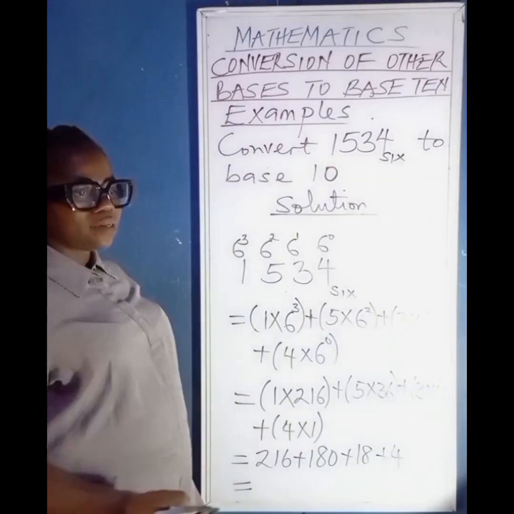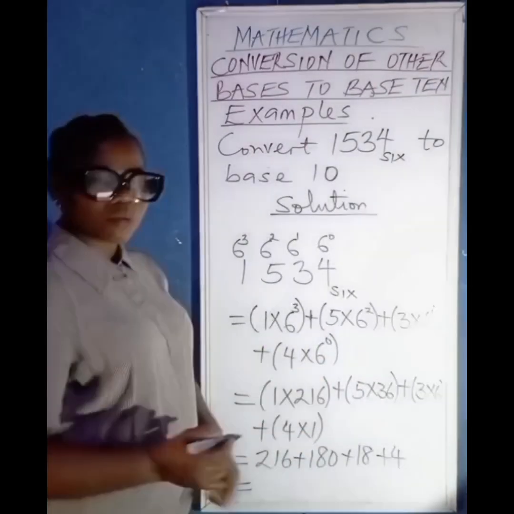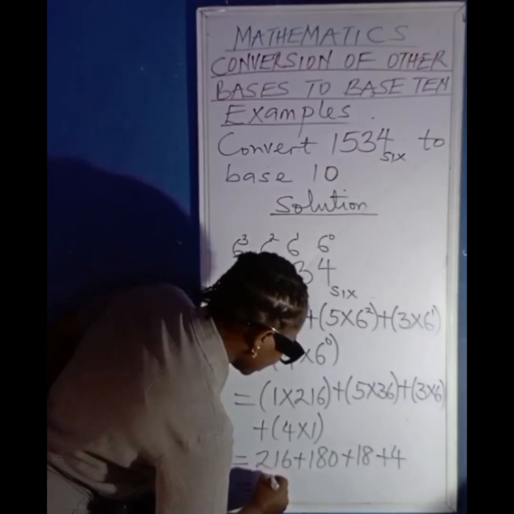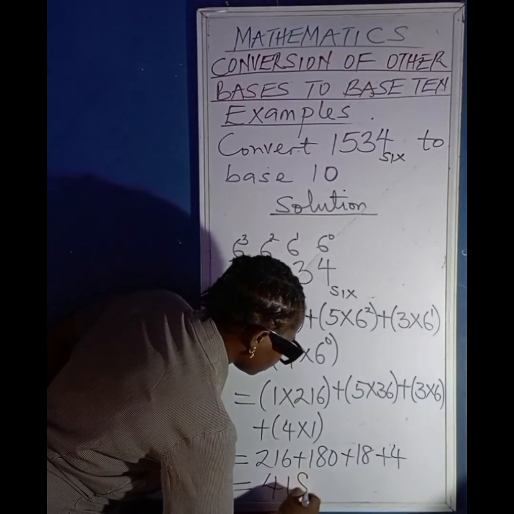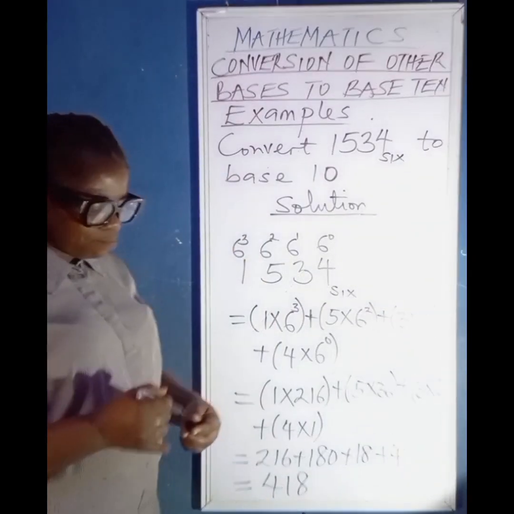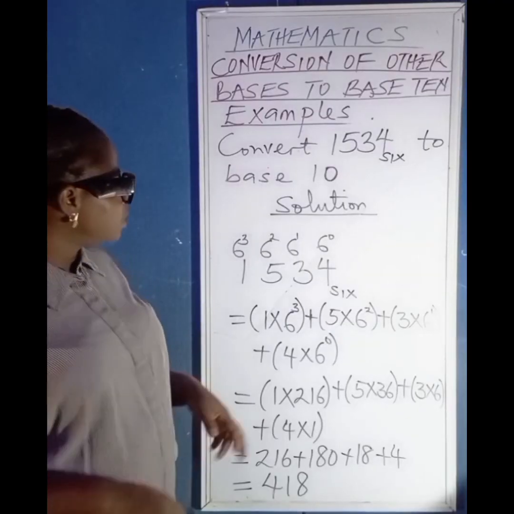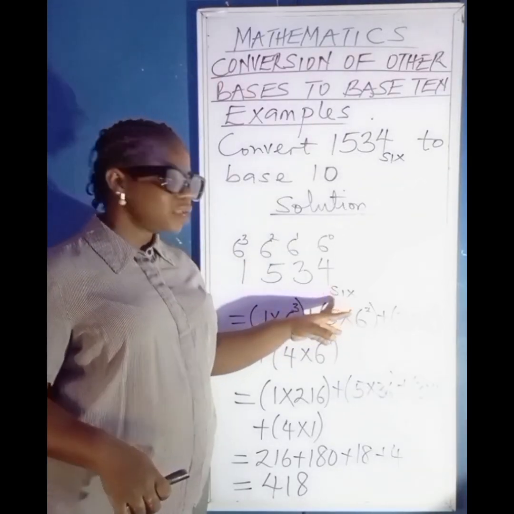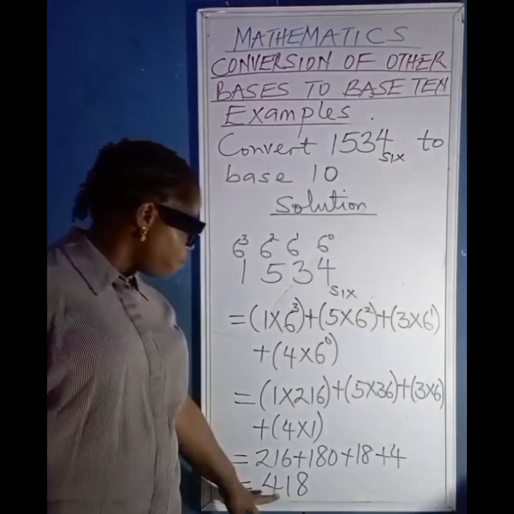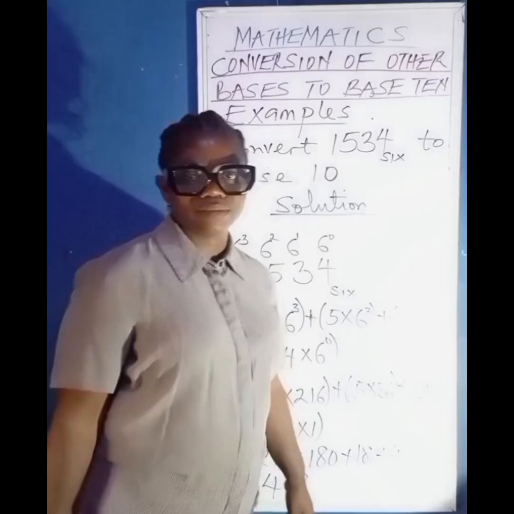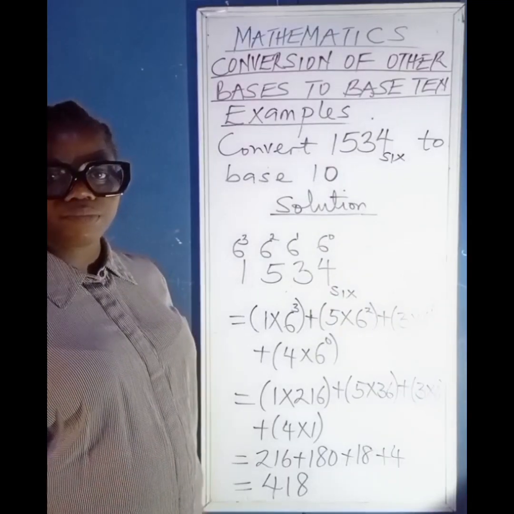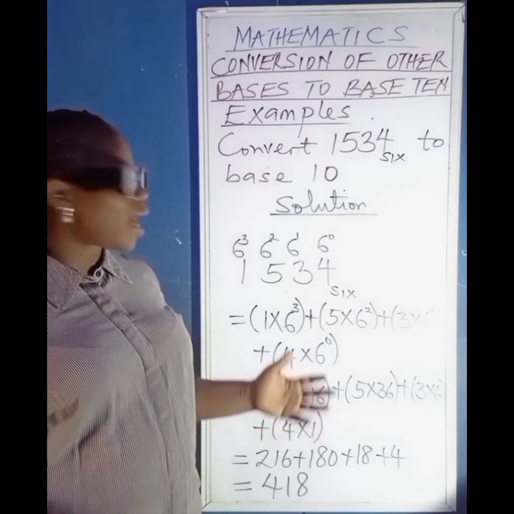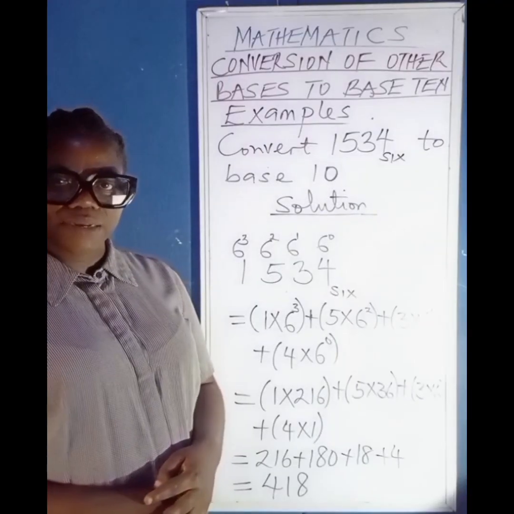By the time we add these numbers together, we are going to have 418 in base 10. That means 1534 in base 6 is equal to 418 in base 10.